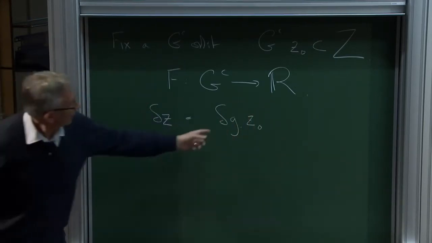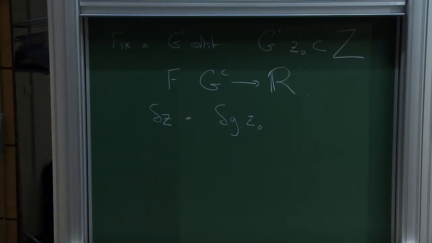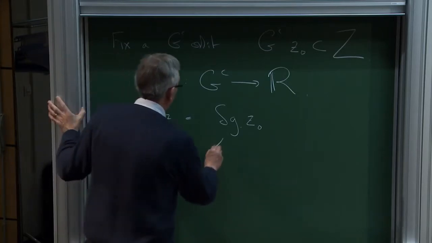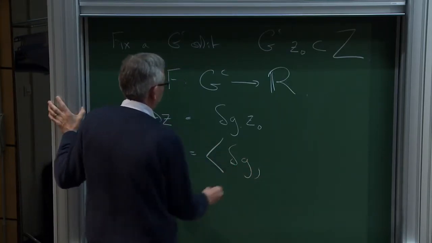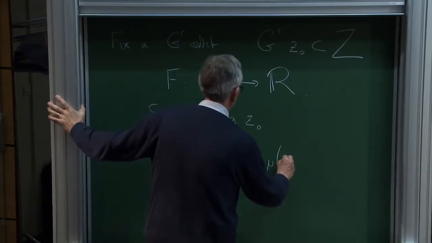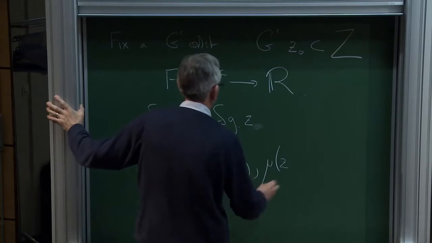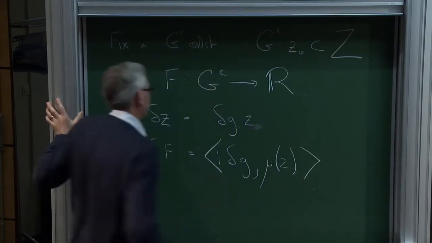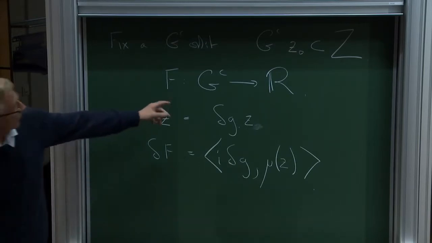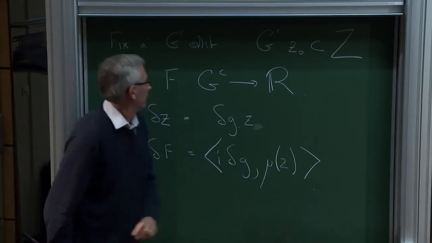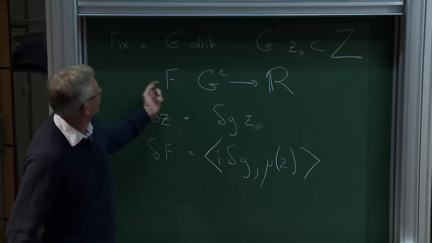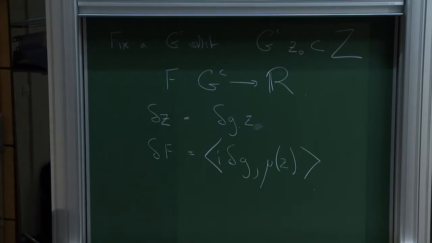applying an element like that, it's obvious. I hope that notation makes sense. Then the change in F will be given by the pairing between delta g, or i times delta g, and mu of Z. So essentially we're saying that we rotate this moment map by a factor of i, and then that gives the derivative of a function on G_C.